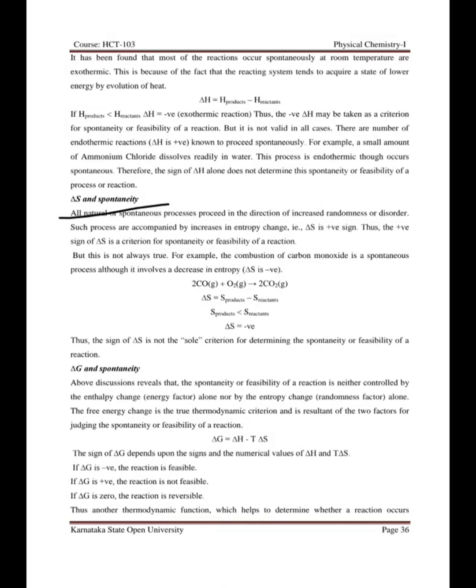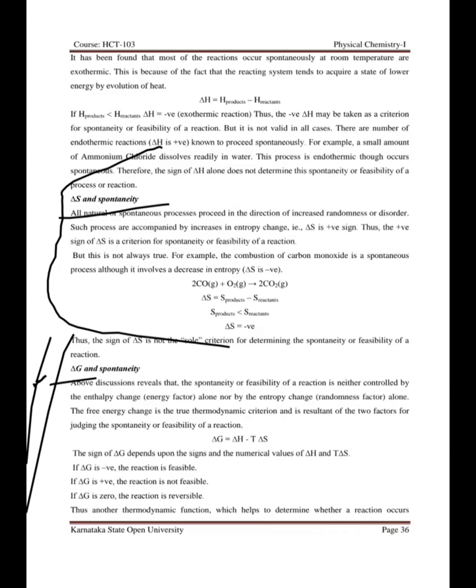We are going to see delta G with respect to Gibbs free energy. So the Gibbs free energy and spontaneity, for the first one we will go with delta S, that is with respect to entropy and spontaneity.